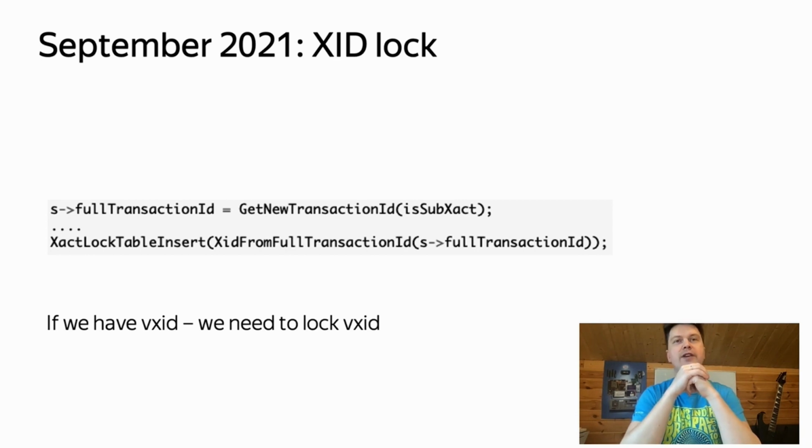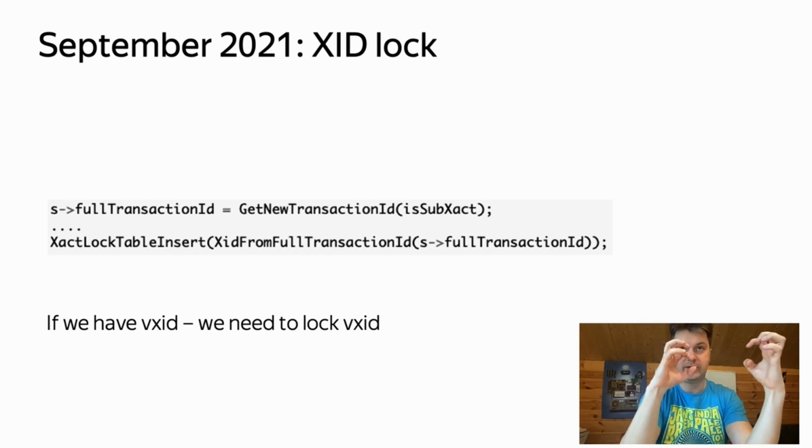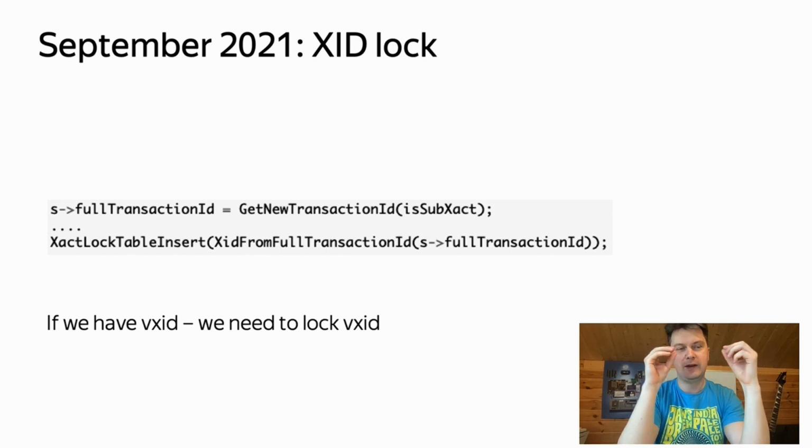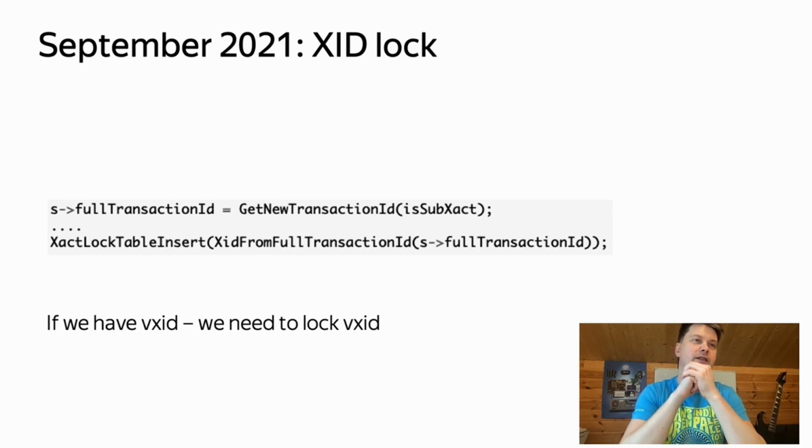You always see your transaction ID, your XID, within PG logs. But we first start to advertise our XID in the proc array, and only then we grab a lock for this XID. So essentially the XID starts to exist before it's locked. And that was a problem.